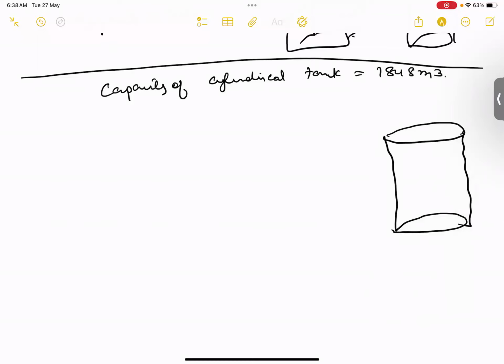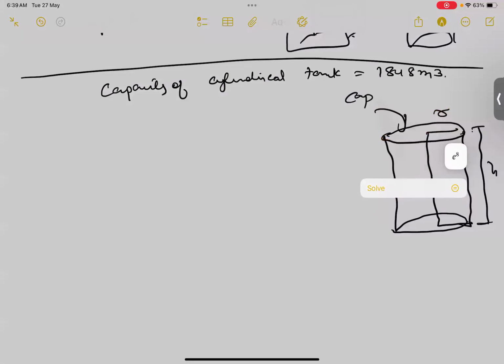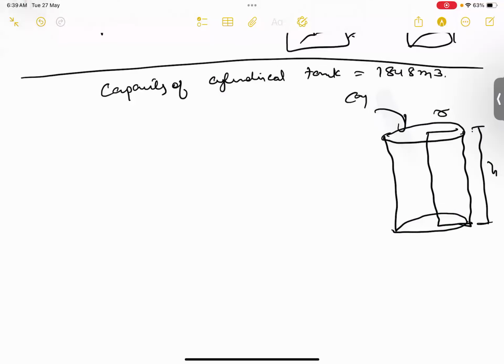So this is what a cylindrical tank will look like. Okay. So it has a circular top and a circular base with a radius r and height h. This is what a cylindrical tank will look like, and whatever capacity it has, it will be the volume.